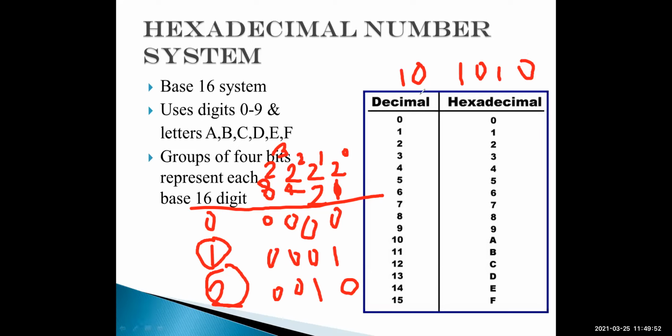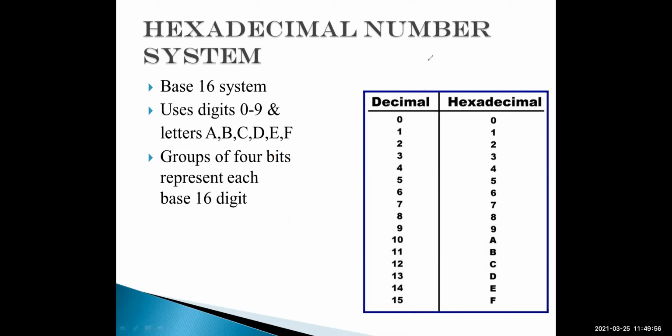Suppose I want to write 15, let me clear all, like 15. So 15 will be 8, 4, 2, and 1. Just calculate how we can achieve 15. 8 plus 4 becomes 12. 12 plus 2 becomes 14. 14 plus 1 becomes 15.